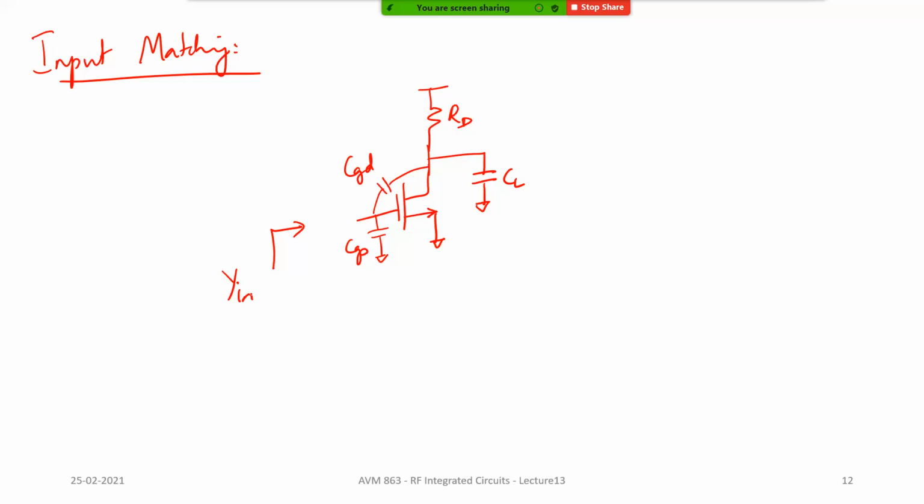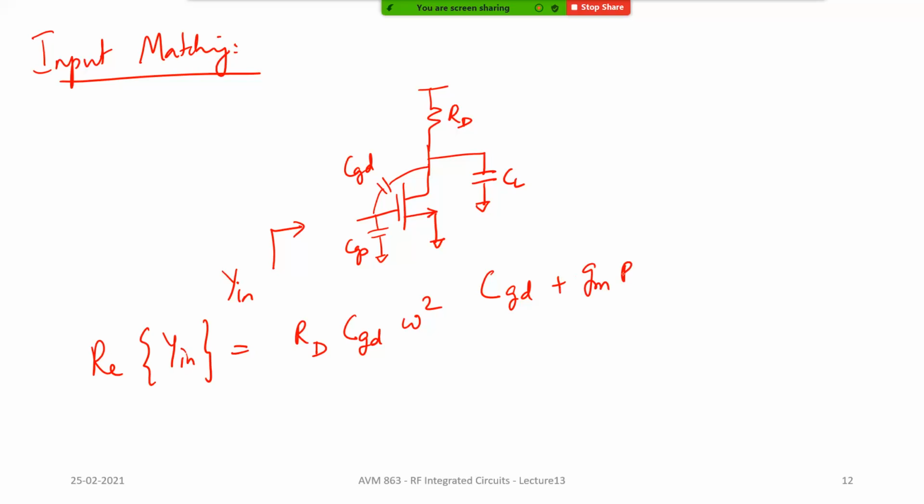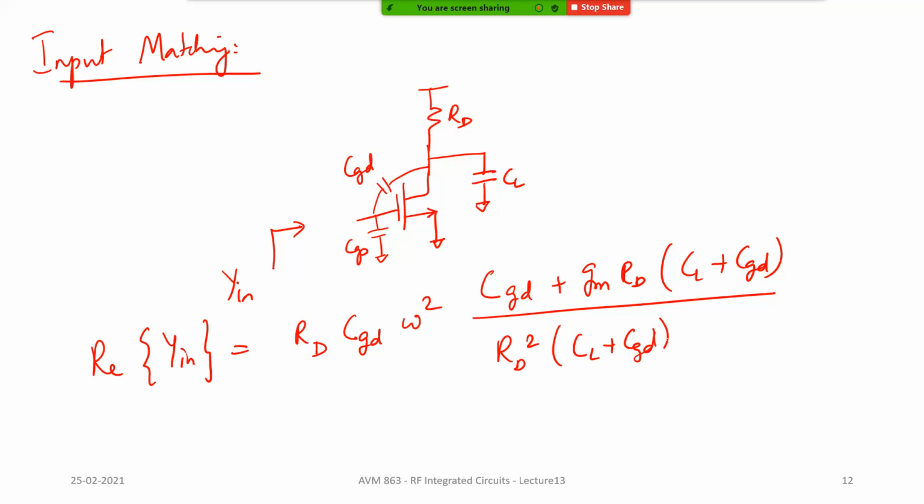What you will see is that the real part of Y-in is going to look something like this: RD into, let's say, CGD omega squared and CGD plus GM RD CL plus CGD, divided by RD squared CL plus CGD the whole squared omega squared plus 1.